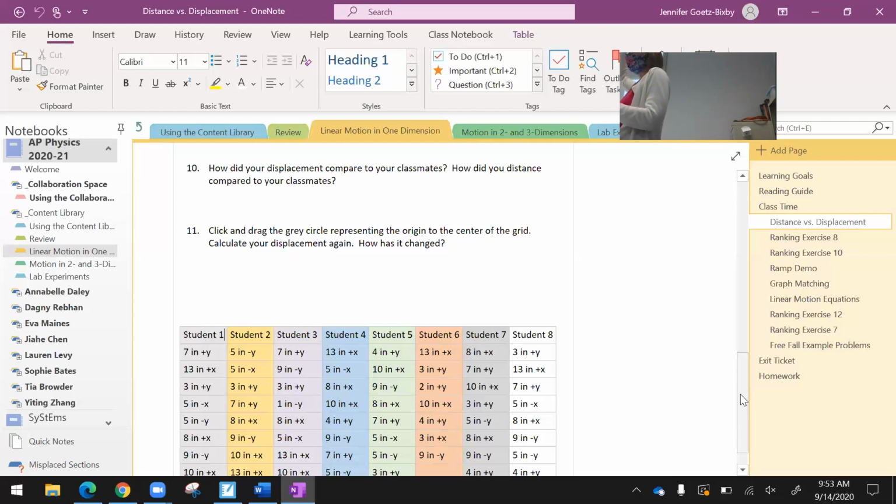It'll get a little wacky if I move it between floors, but we're only dealing with 2 dimensions right now. Okay. All right, so questions on this.